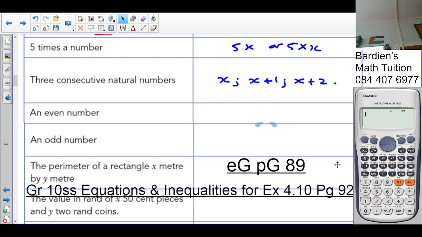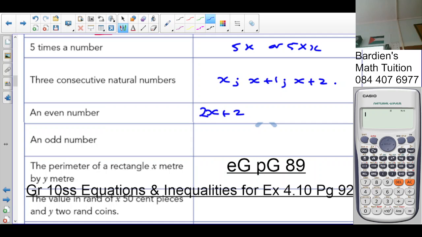An even number. If x is an even number, it's going to be x plus 2, provided that x is even, of course. Before we go into that, you must qualify that x is an even number, or an easier way to always ensure that it is even is by multiplying by 2.